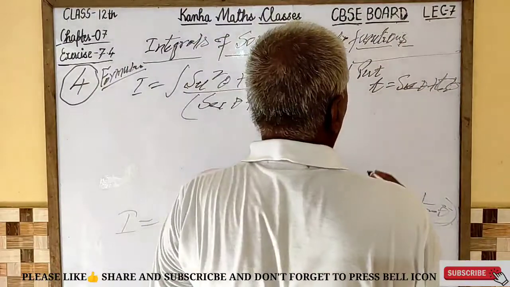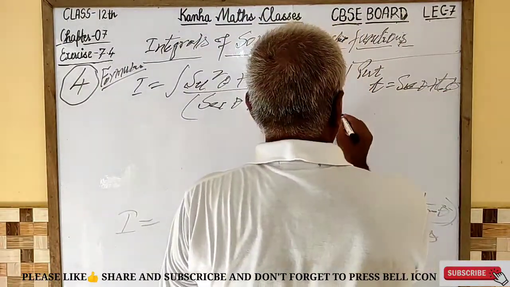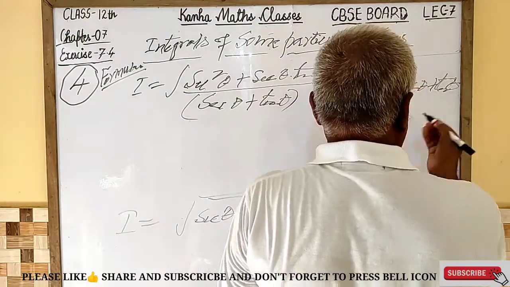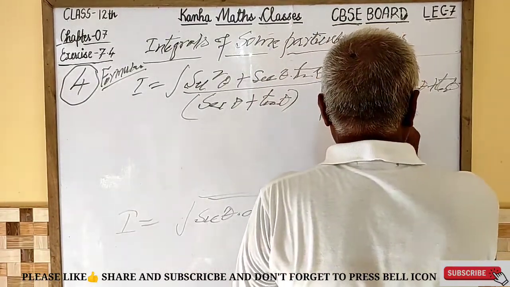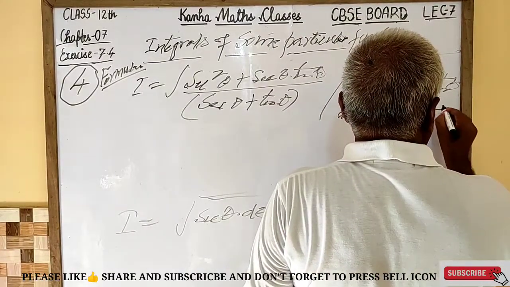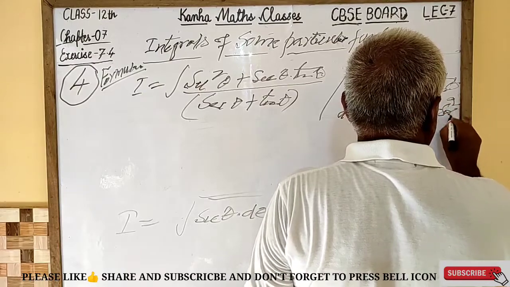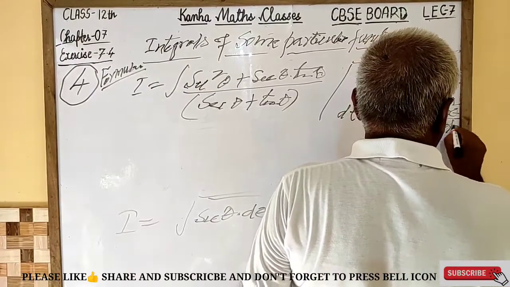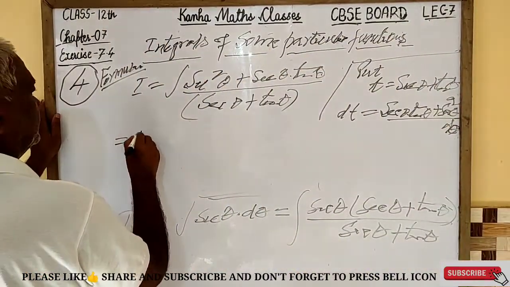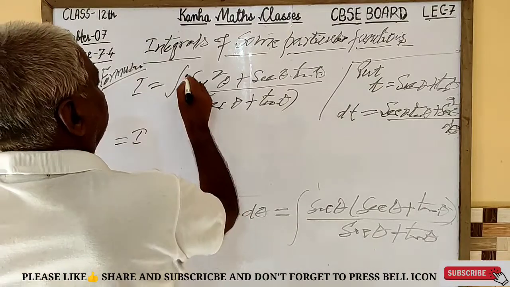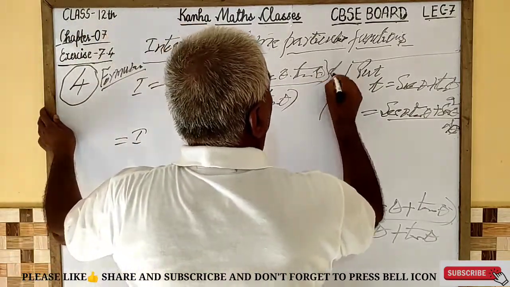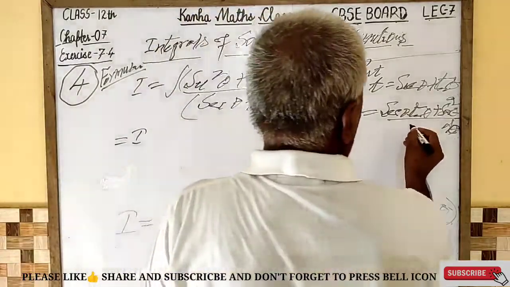Now we will differentiate both sides. dt is the derivative of sec theta, which is sec theta tan theta, plus the derivative of tan theta, which is sec square theta, d theta in both. Now we will substitute this sec square theta plus sec theta tan theta d theta.